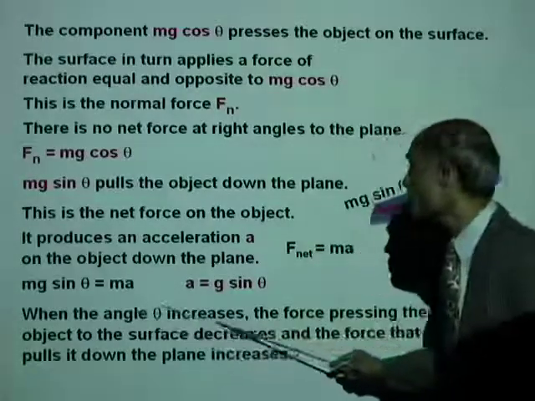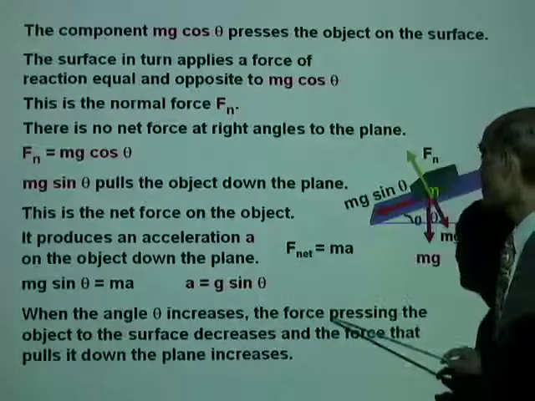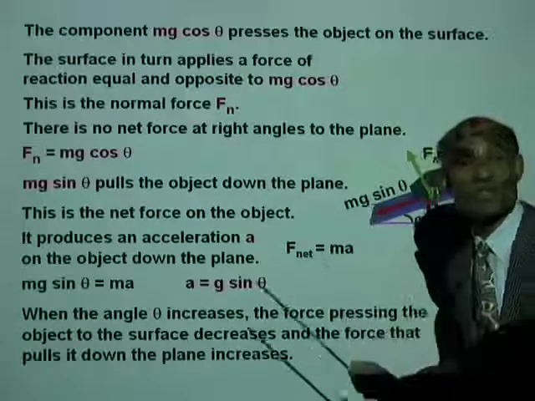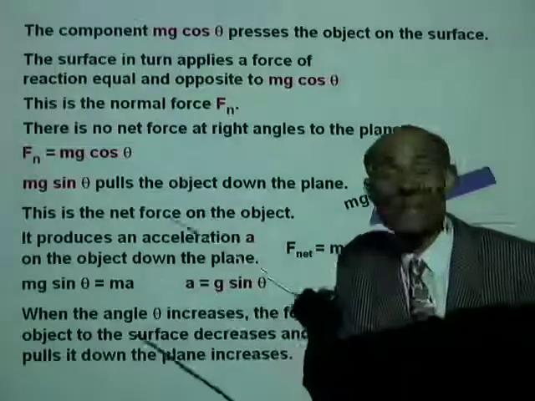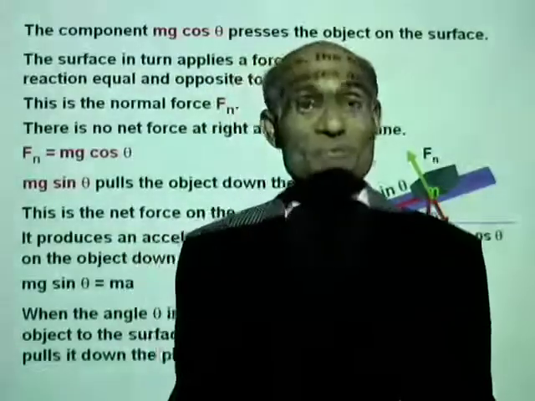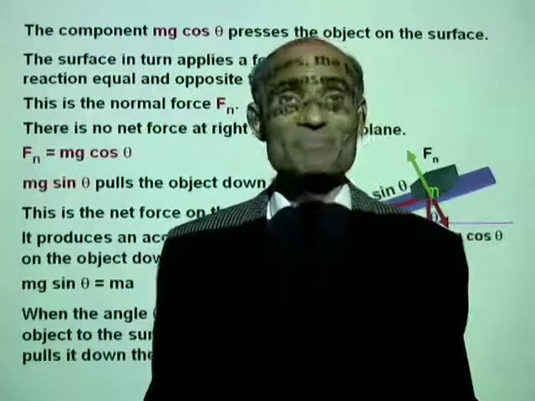And when the angle theta increases, the force pressing the object to the surface will decrease, and the force pulling it down will increase, as I just showed it to you. Is that right?